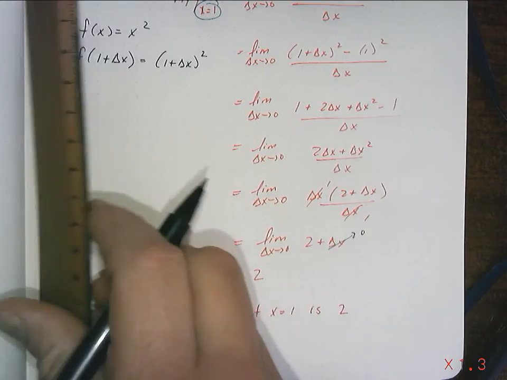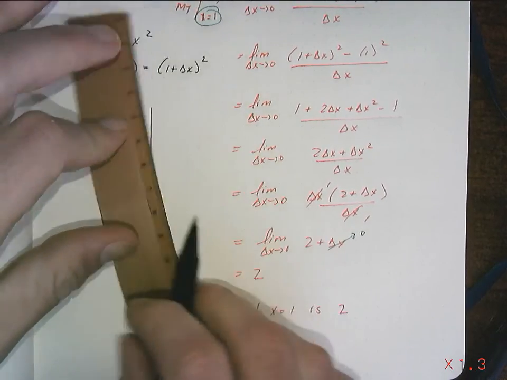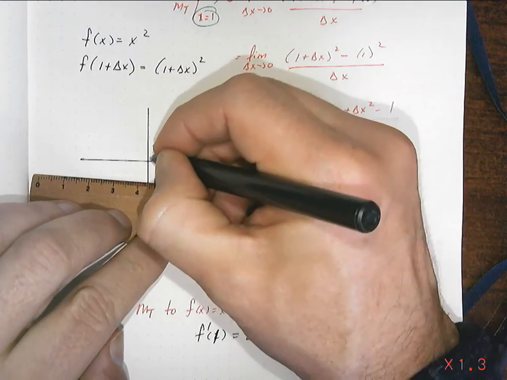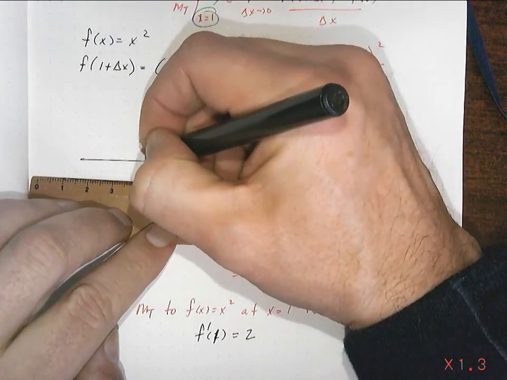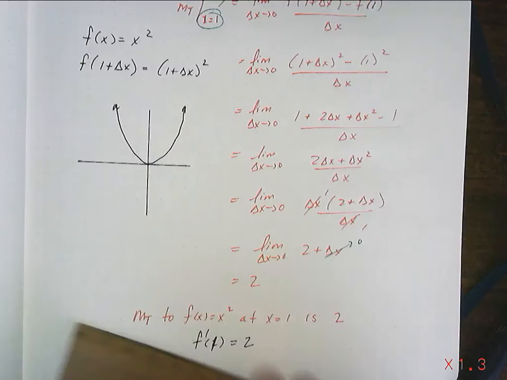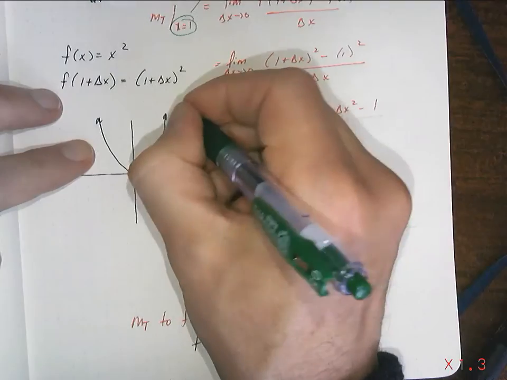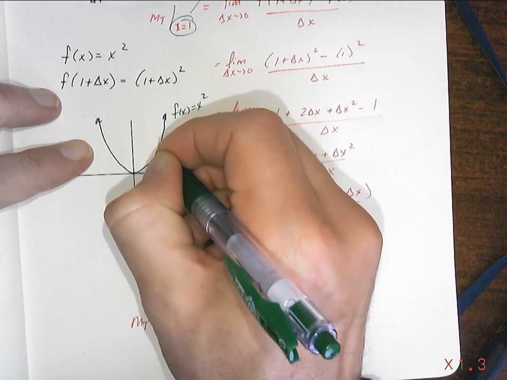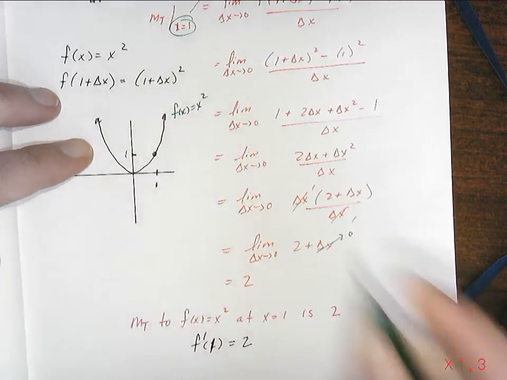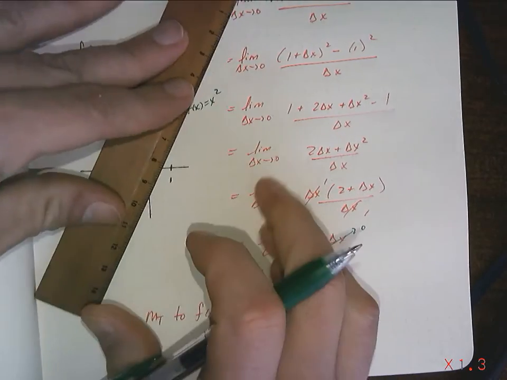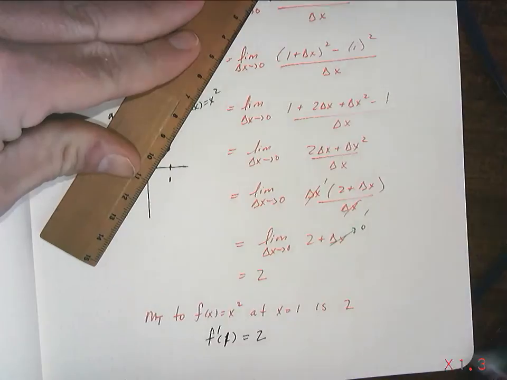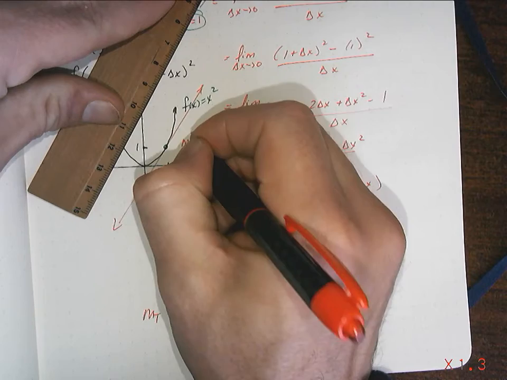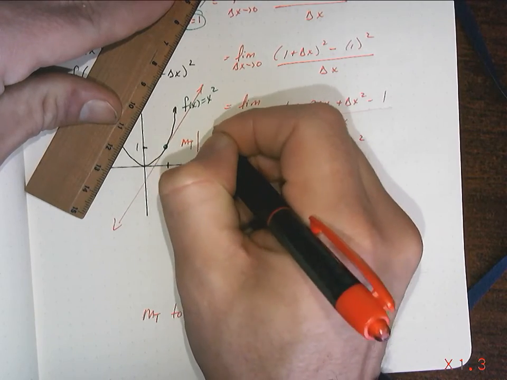Now, as you're copying that down, I'm going to draw a little diagram here. And what you've determined, ladies and gentlemen, there's f of x equals x squared. And if I come out here to 1, and if I go up here to 1, you have just determined the slope of the tangent at x equals 1 equals 2.